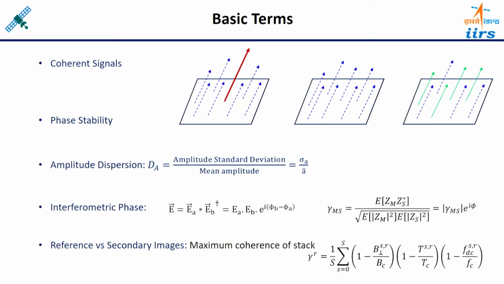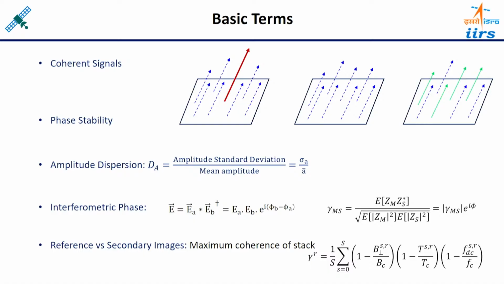Okay, so the point is, if this gap, the satellite orbital gap, is more, the coherence between the signals gets reduced. If both signals are taken from the same satellite position, the spatial or perpendicular baseline is 0, and the signals are highly correlated.